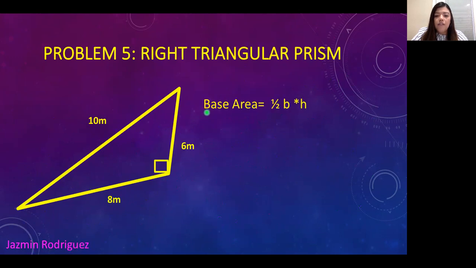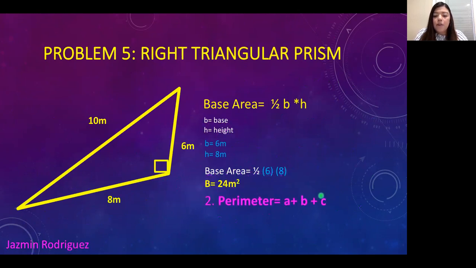We'll find the base area of it, and that's going to be 1/2 base times height. We know that the base is going to be 6 and the height is going to be 8. We plug that into our formula, and we get that the base area is going to be 24 meters squared.